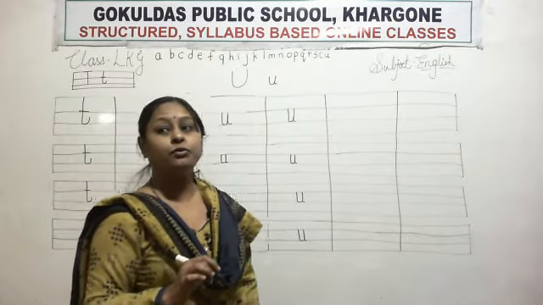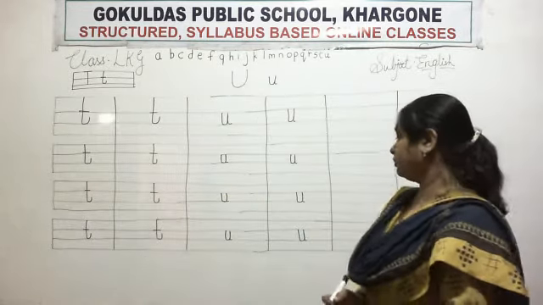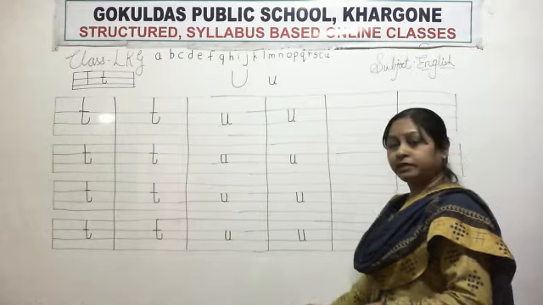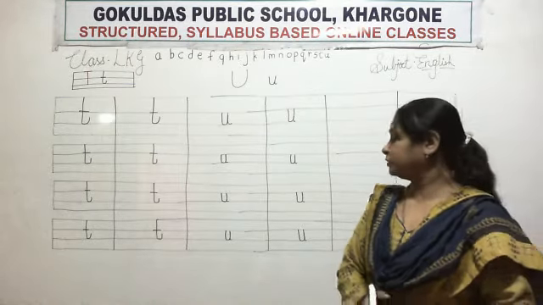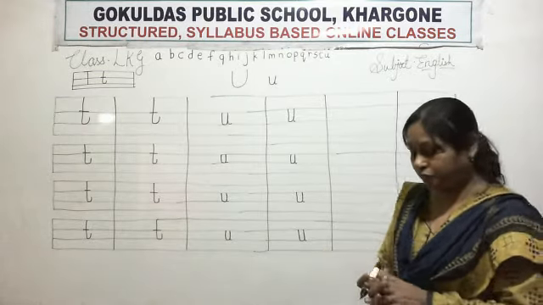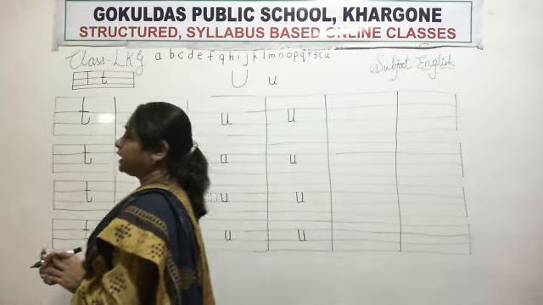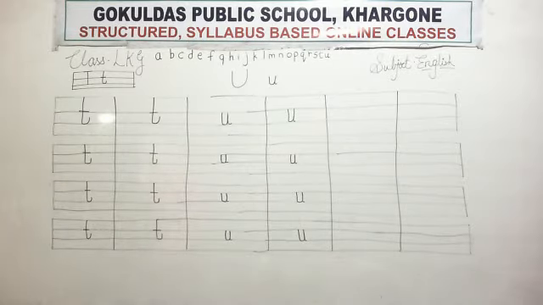Letter U. Okay. So complete the other lines also. Complete your page. Yes. I am waiting for you to complete your page. Then after that we will write the next letter.